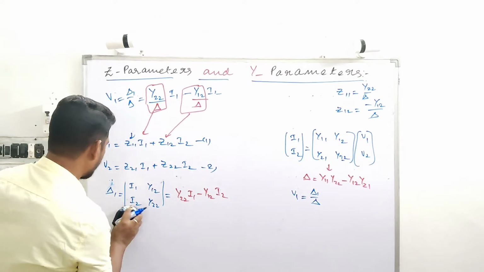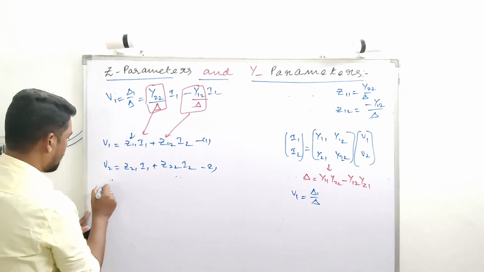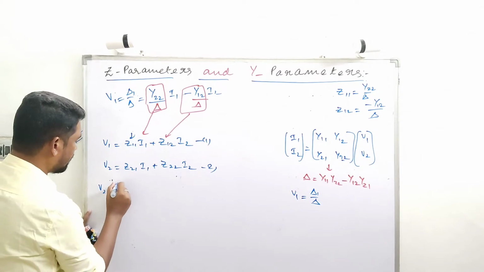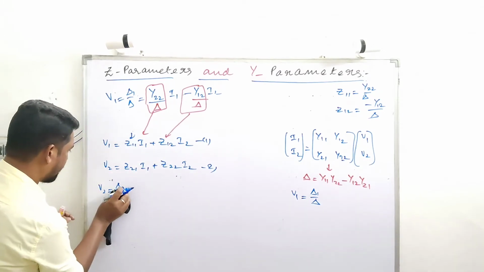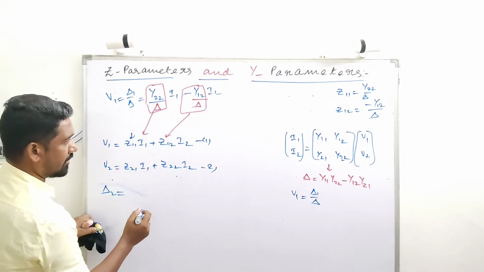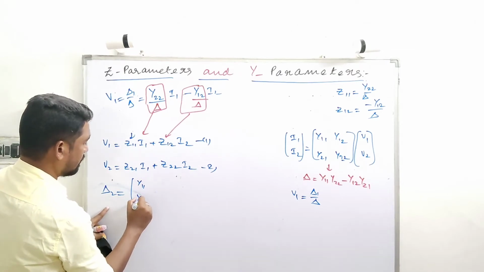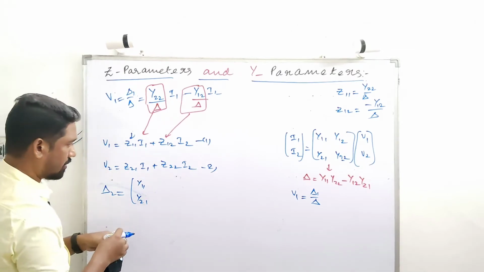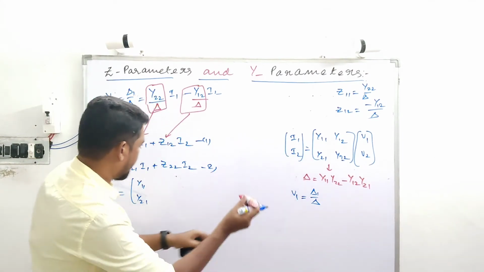Now how to evaluate the other two? Calculate del 2, and V2 will be equal to del 2 by del. Anyway, we have that del. Calculating del 2: the procedure is, Y11 and Y21 stay as they are from this matrix, and we plug in I1 and I2 in the second column.